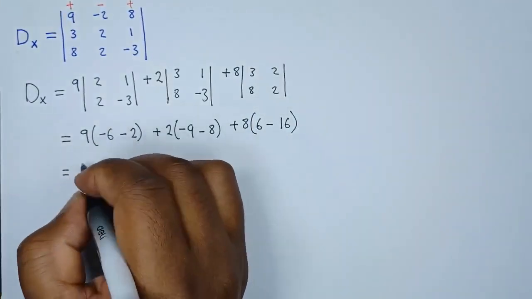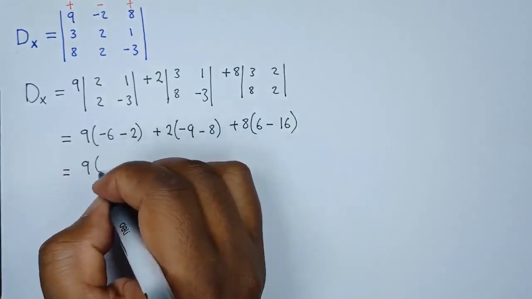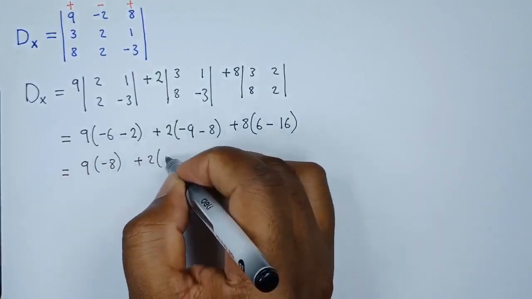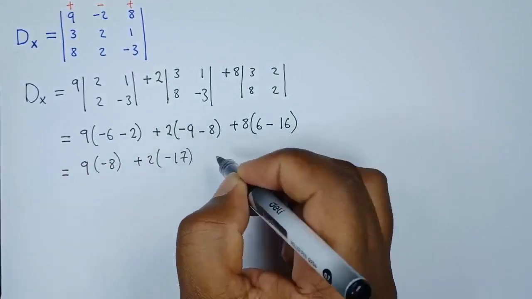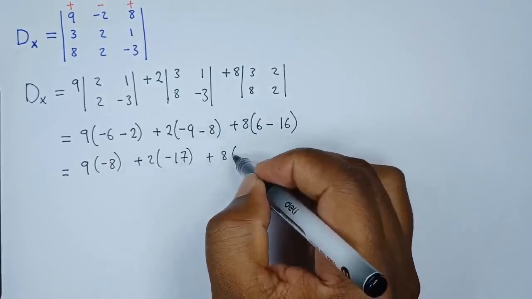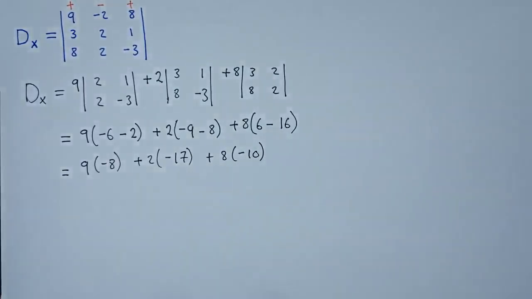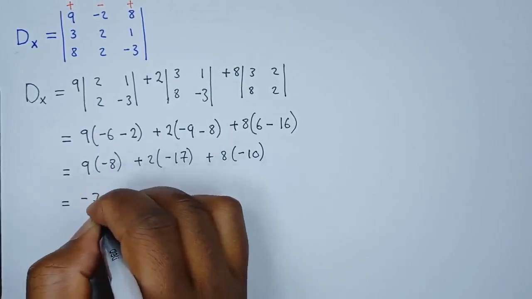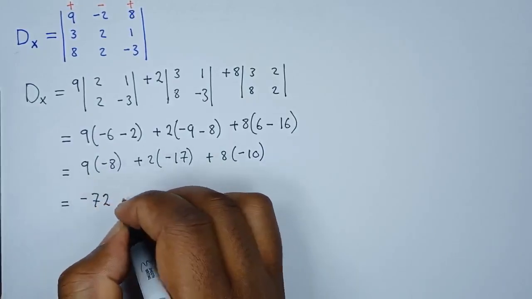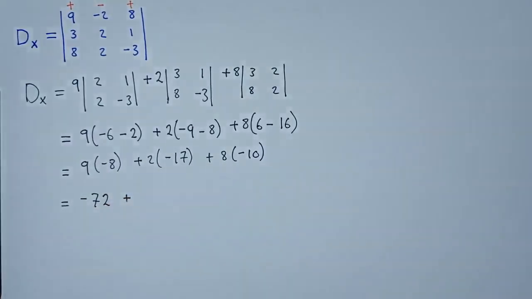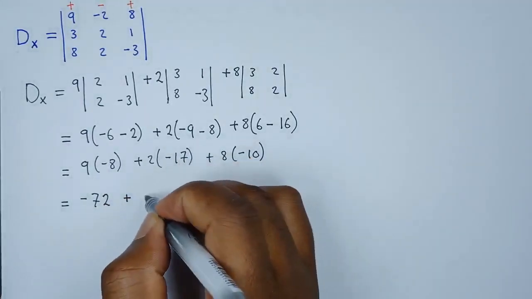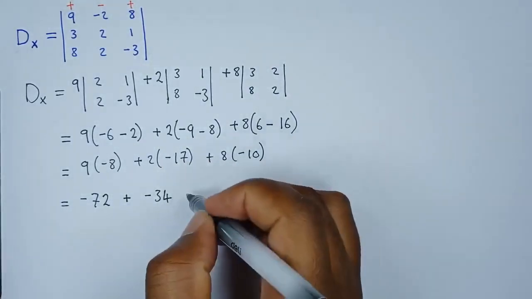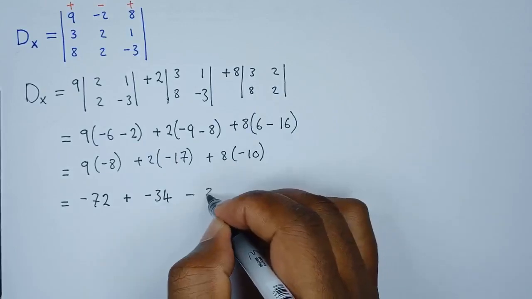So the next thing we'll have will be 9 multiplied by negative 8 plus a 2. Then here we'll have negative 17 plus 8 multiplied by negative 10, like that. Okay, so if we move on, this will give us negative 72 plus, so this and this will give us negative 34, like that. Then lastly, that should give us negative 80.